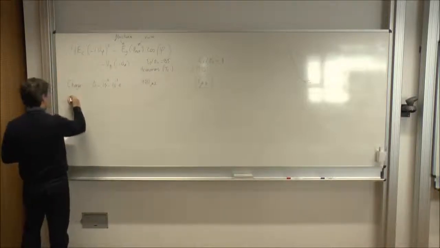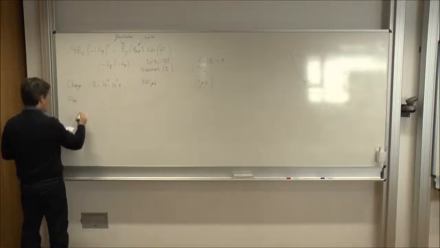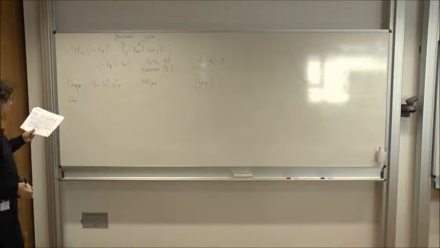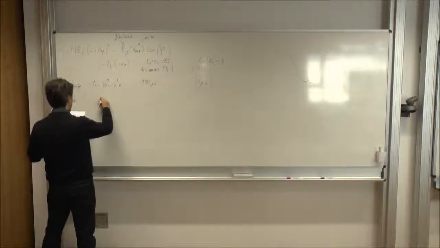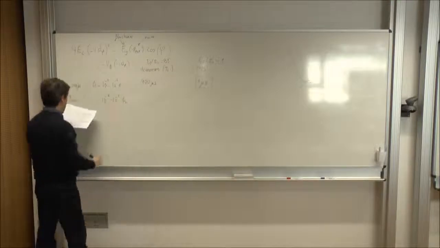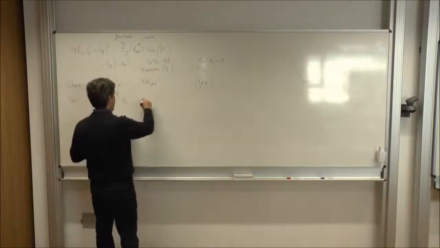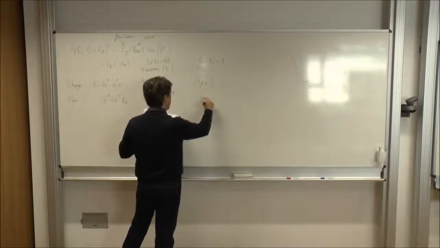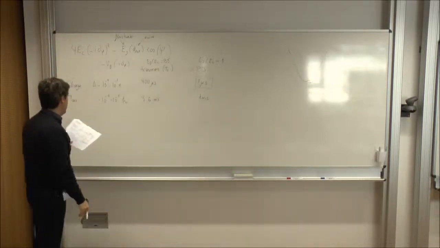You have flux noise, which is simply that you are not controlling the flux that goes through your SQUID. That's really small. And in this case, it's just 3.6 milliseconds, and this is 1 millisecond. So that's really not an issue.